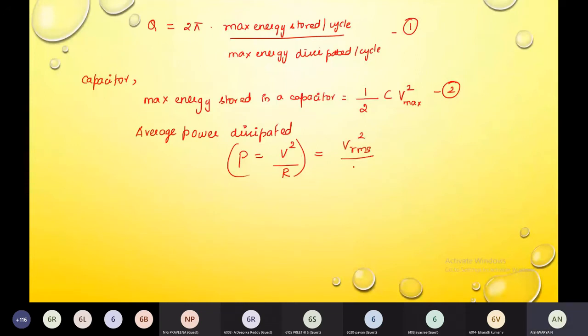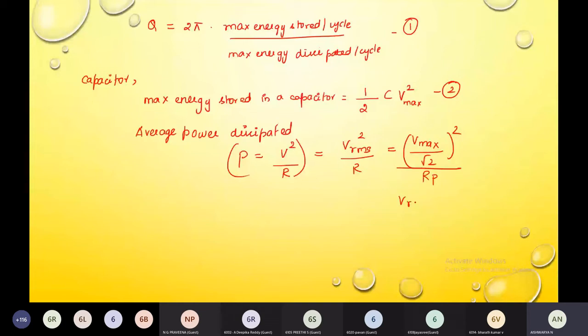VRMS square by R. And if I want to represent it in terms of Vm or V maximum, how can I relate VRMS with V maximum? It is nothing but Vm by root 2. That will be your VRMS. And instead of R, in our circuit, I have Rp.